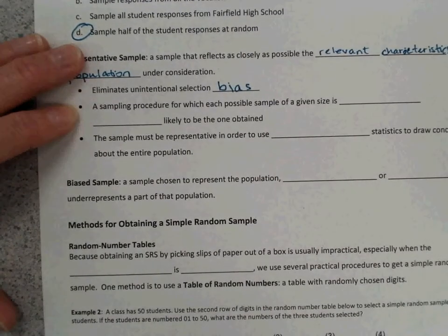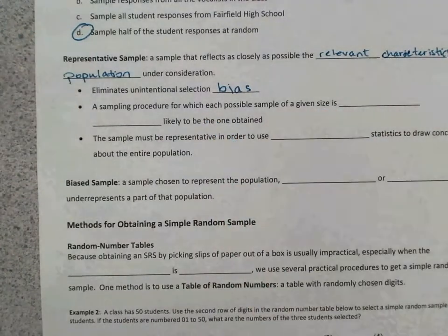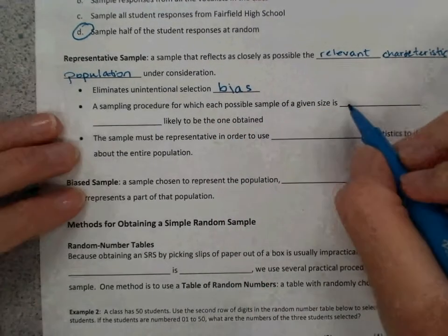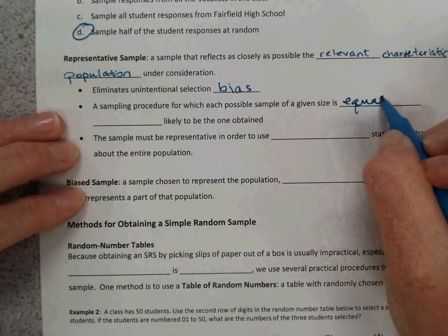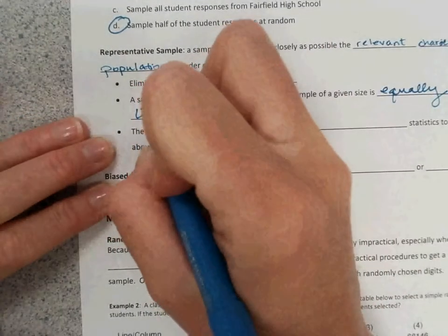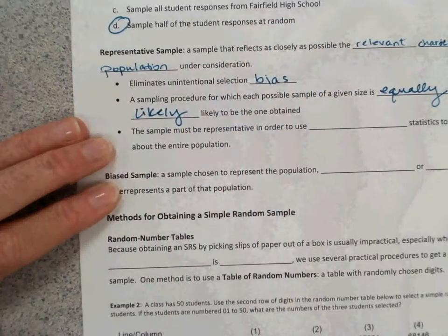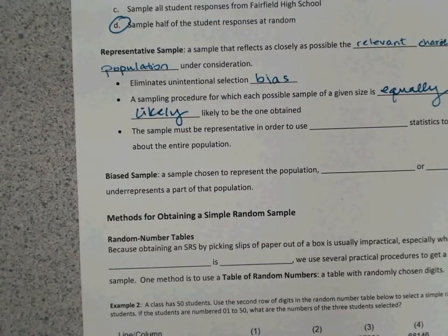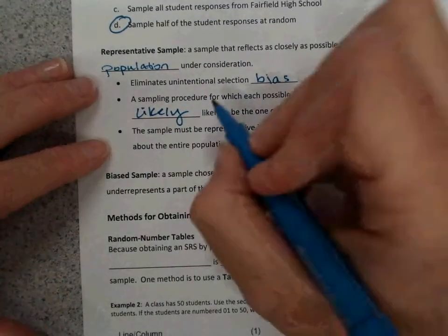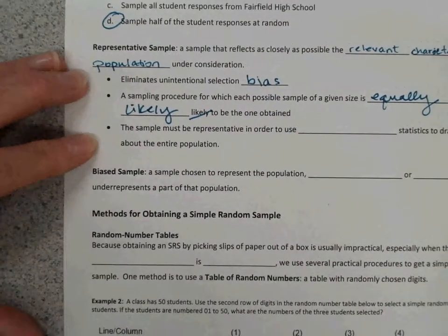A sampling procedure for which each possible sample of a given size is equally likely. So we have a typo there. I apologize for that. Equally likely to be the one obtained.